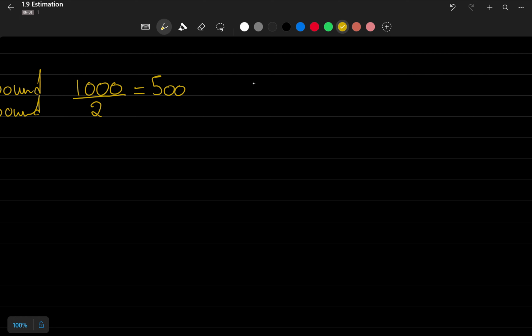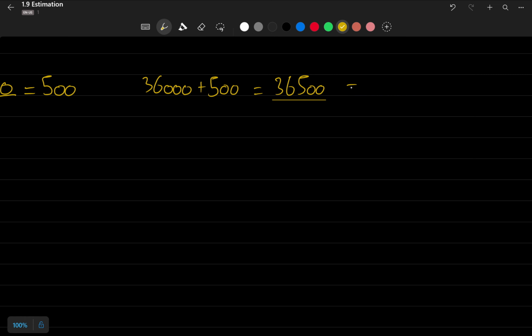If you have to find the upper bound, so 36,000 plus 500, which gives you 36,500. But if you round this number nearest to 1000, it will give you 37,000 and not 36,000.